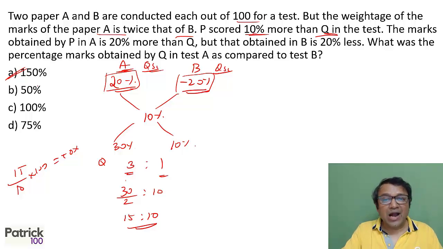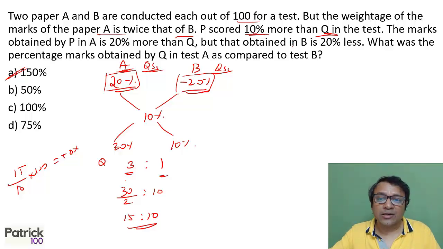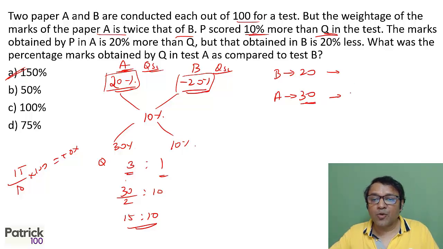If you want, you can check by taking numbers and calculating. Let's say Q scored 20 marks in test B and 30 marks in test A, 50% more, 150%. Now P scored 20% more in A. 20% more will be 36, right?